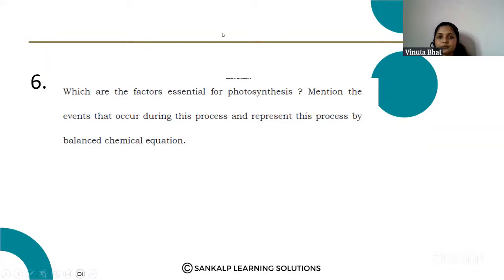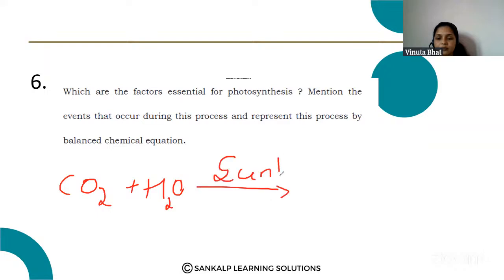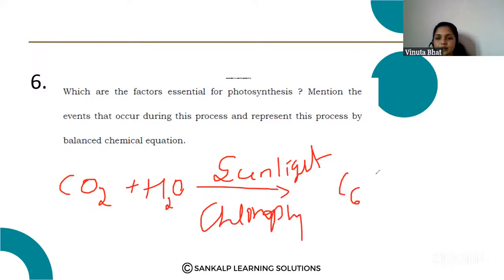So here, carbon dioxide plus water in the presence of sunlight and chlorophyll, it produces the C6H12O6 plus oxygen plus water. So these are the products formed during the photosynthesis, but you have to balance this.